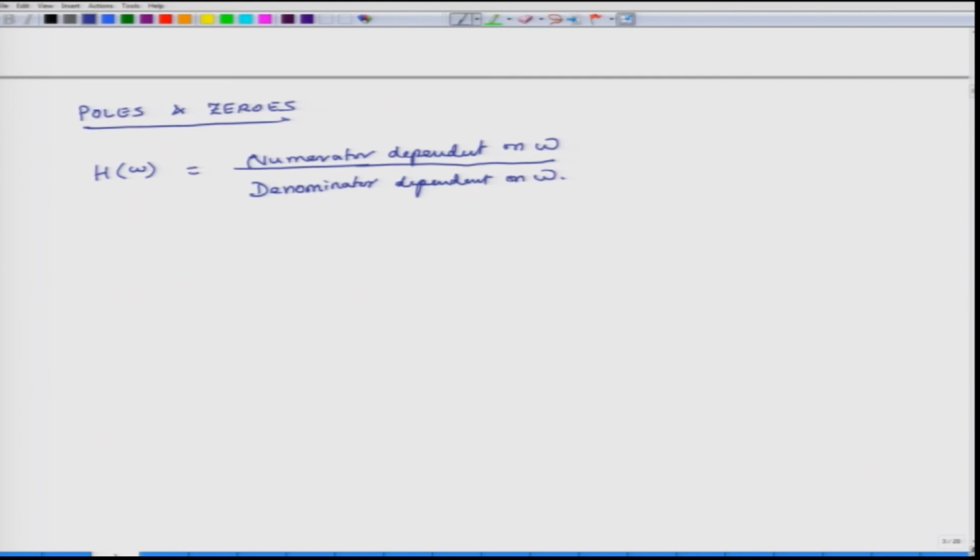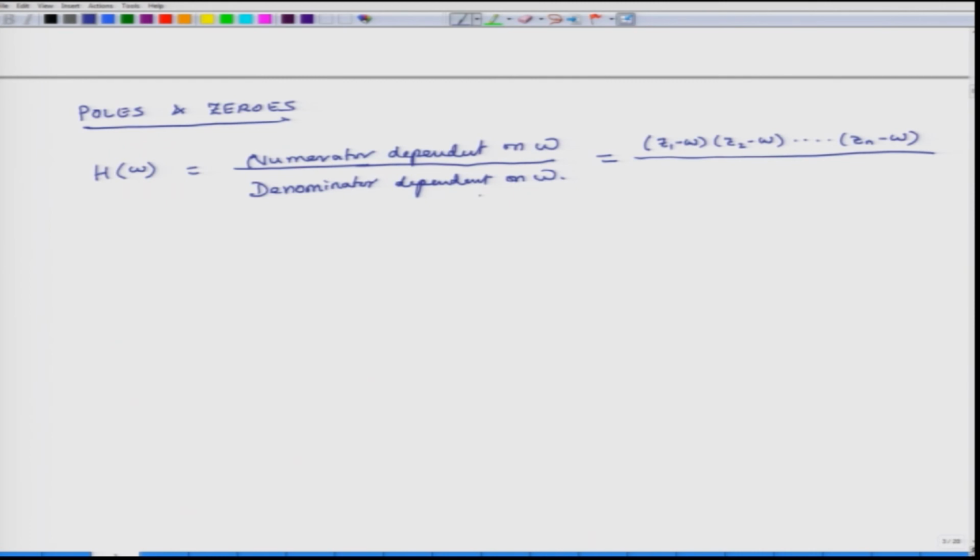Okay. And if it is an algebraic expression dependent on omega, I can factorize it into lots of linear factors. So, it could be z1 minus omega, z2 minus omega. If it is a polynomial of nth degree, then how many factors will it have? It will have n factors, up to zn minus omega.